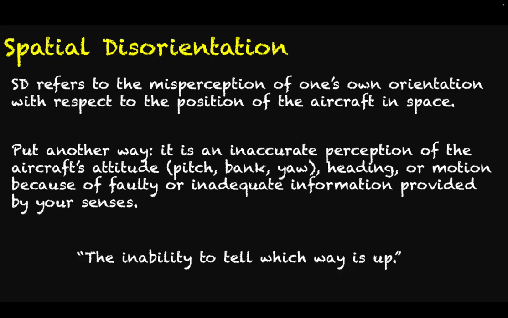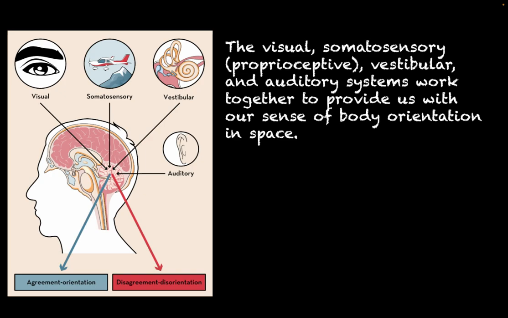The simplest way of thinking about spatial disorientation is the inability to tell which way is up. As I said in the chapter objectives, it's not just your inner ear that contributes to your sense of spatial orientation. The visual side is a big part, okay? Seeing what's around you is a very large component of how you use your brain to get a sense of where you are and what position your body is in.